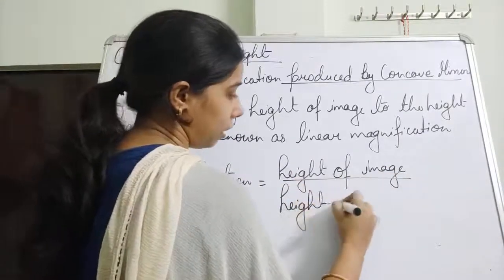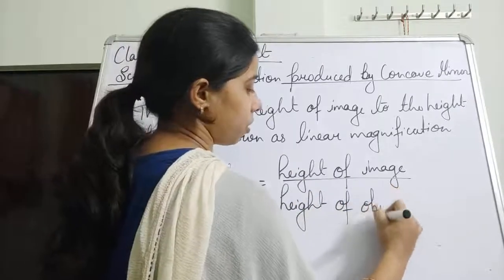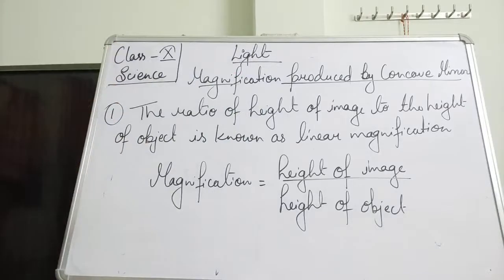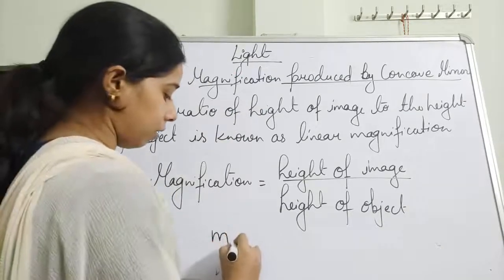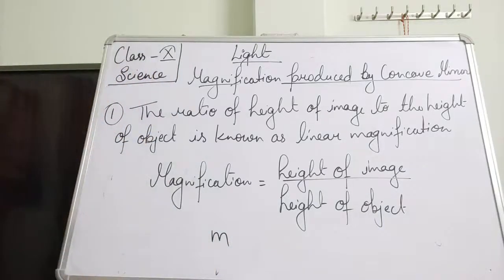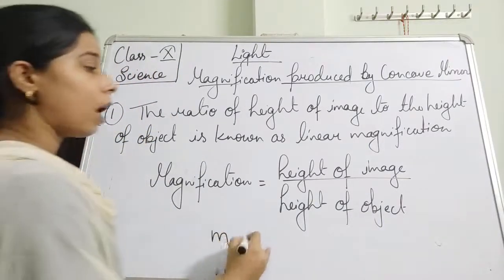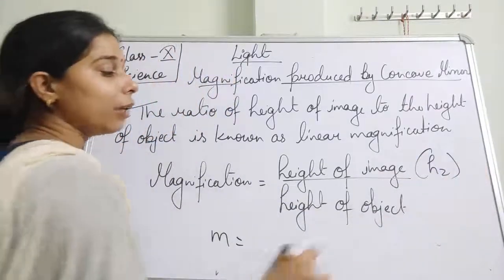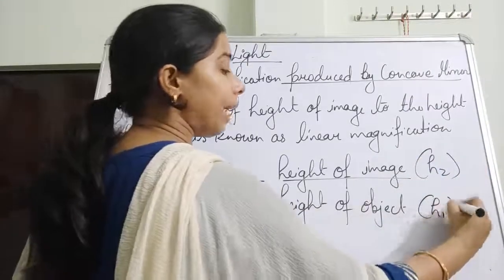Height of the image upon height of the object. Now, what are the things which are responsible? Which are the things here? We can also represent magnification by M. Magnification is represented by M, which equals height of the image, represented by H2, and height of the object, represented by H1.